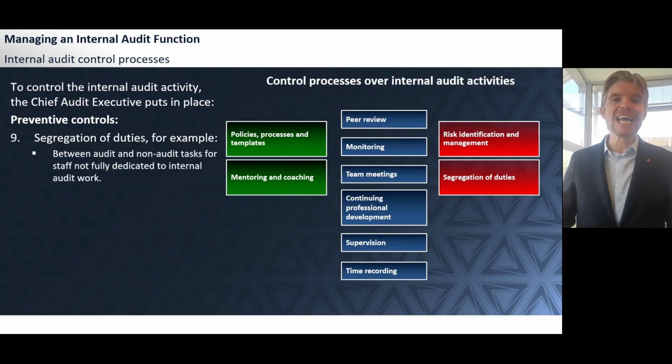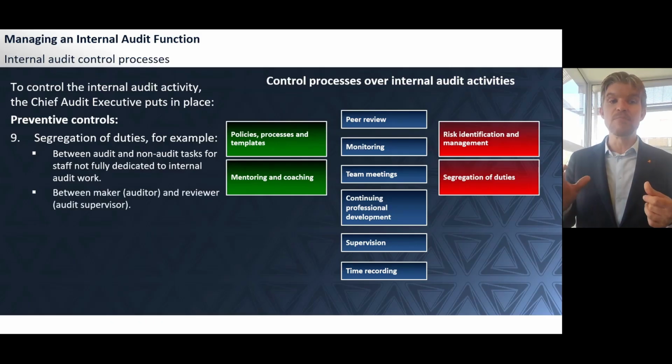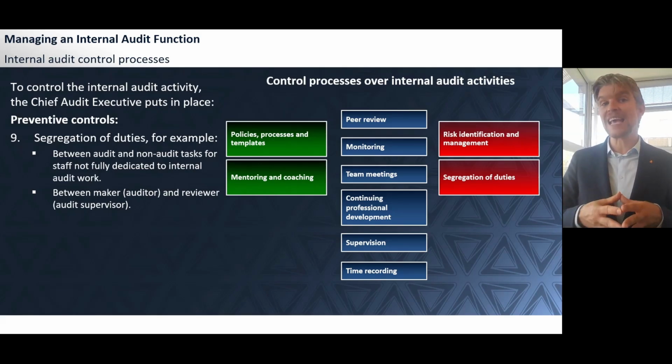So this is a kind of segregation of duties between the maker, let's say, of a report or performance of an audit test, the auditor, and the reviewer, the audit supervisor. If the audit supervisor has been performing tests themselves, then they should actually ask someone else to verify this work. And it can sometimes go up to the chief audit executive in smaller functions doing some audits themselves.